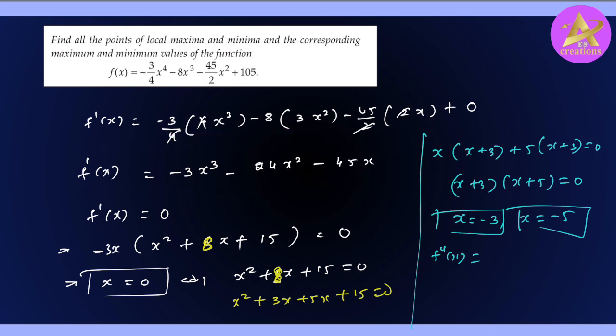What we get: minus 3 x cube differentiates to 3x square, minus 24 x square differentiates to 2x, minus 45 x differentiates to 1. If you simplify we get minus 9x square minus 48x minus 45. This is f double dash of x we got.